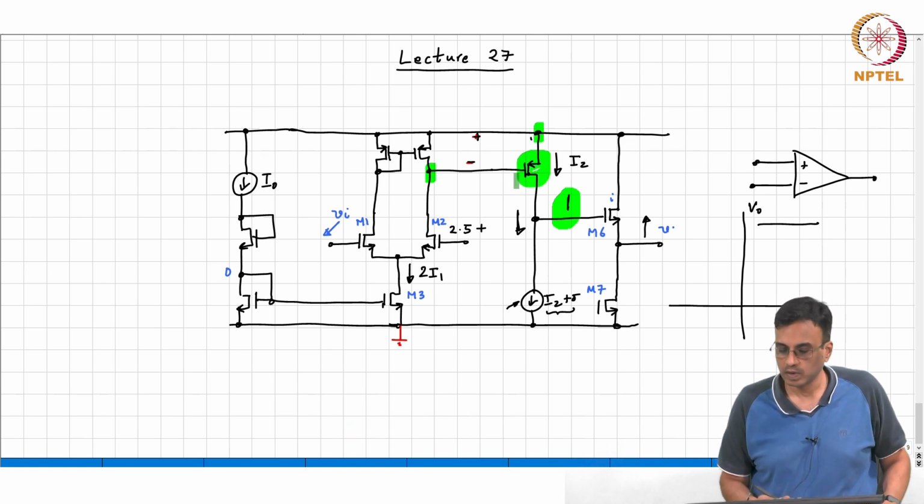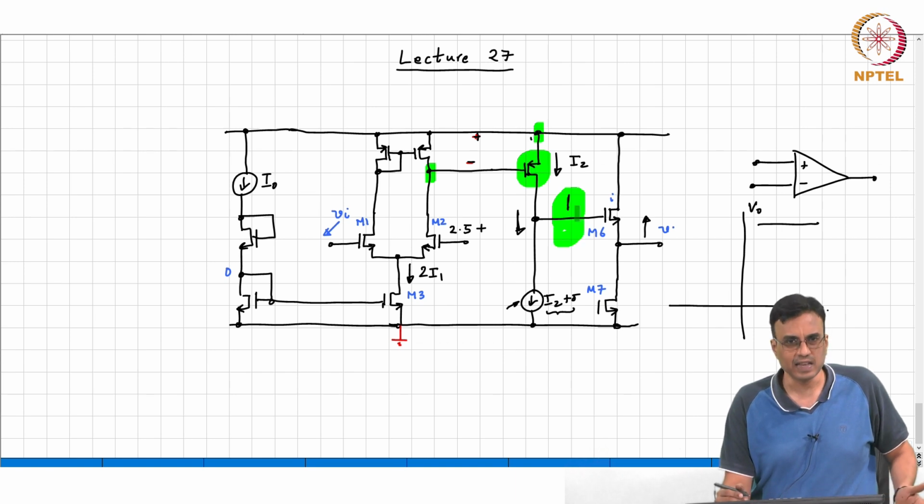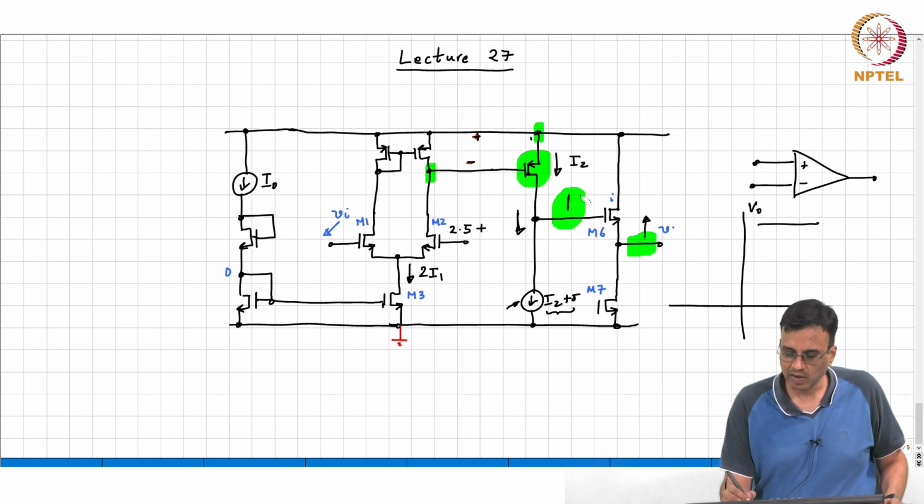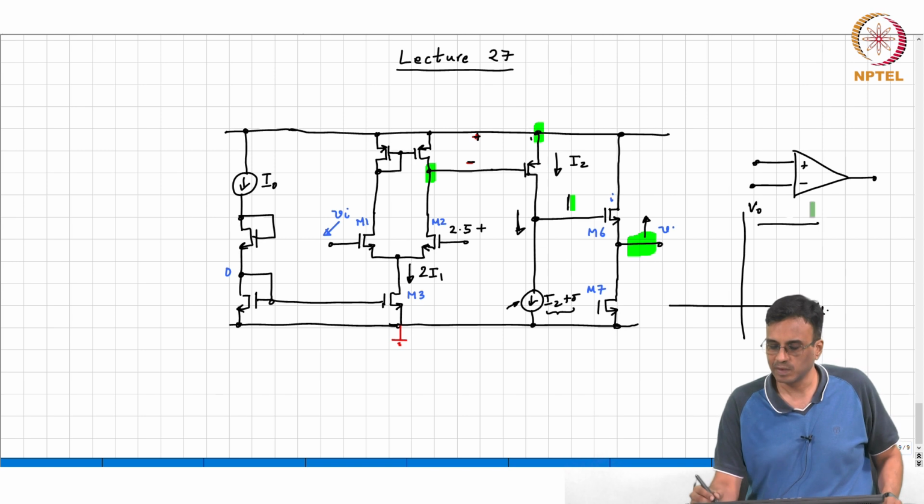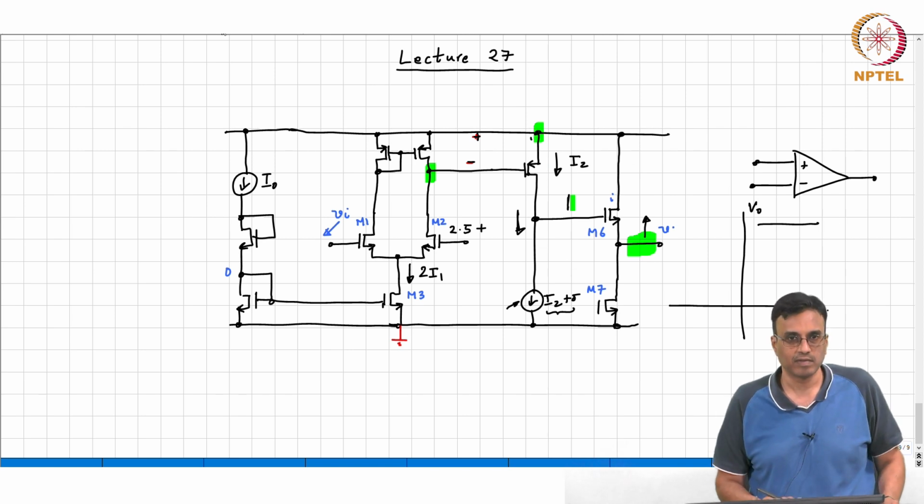Okay, so the highest this can ever go to is VDD minus the drop across that transistor, and if you want to make it very approximate, the highest this can ever go to is VDD, correct. So what is the highest this can go to? VDD minus VT minus something. A good approximation is basically just VDD minus VT, that's good enough, right?